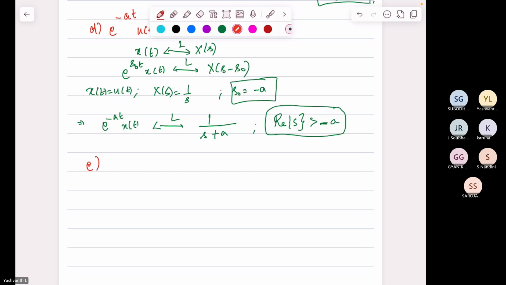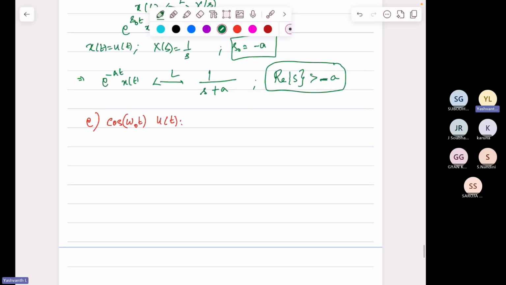Next, cos omega naught t into u(t). Okay. So now let's try to do this. You can write this as half of e power j omega naught t plus e power minus j omega naught t times u(t).